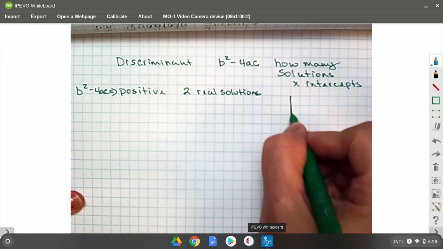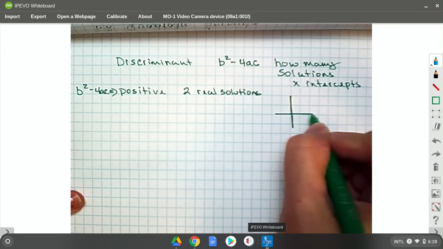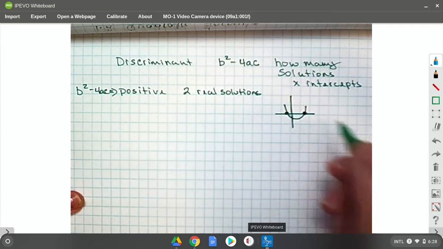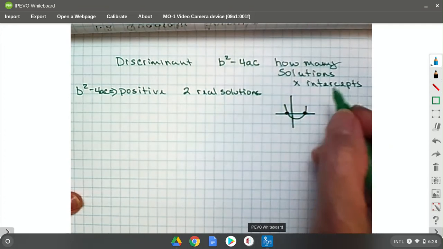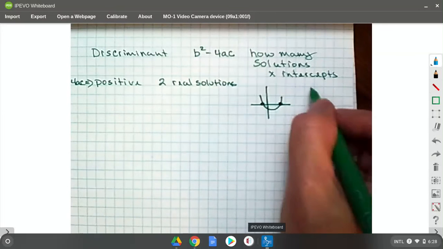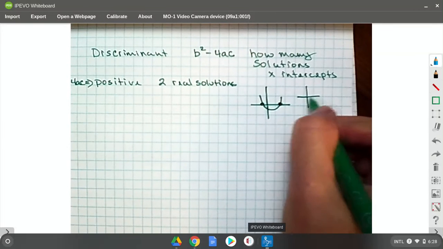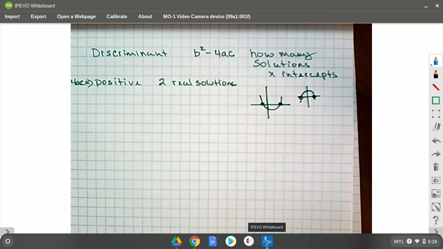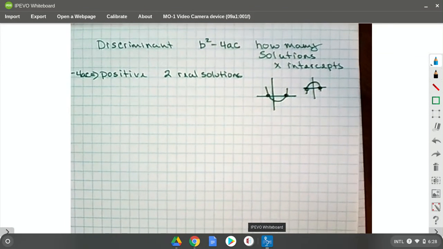In other words, your graph somewhere, somehow is going to cross that x-axis in two places. It doesn't tell you, it might be upside down, but it is going to come across that x-axis in two real places.